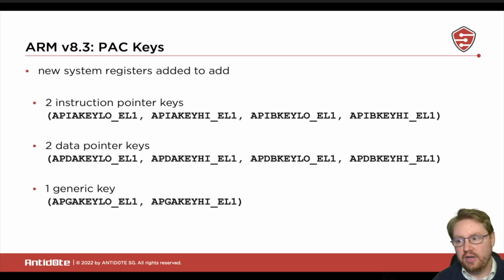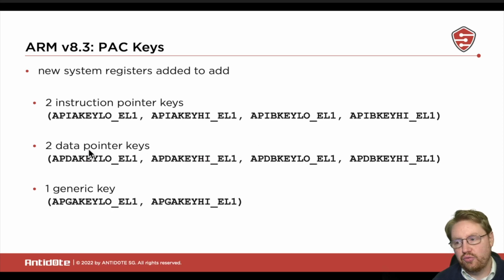Now, as I said earlier, we actually need new system registers to store the keys. By default, ARM version 8.3 defines 5 keys. They define the so-called IA key and the IB key. These are for I, which is instructions. So these are 2 keys for usage on instruction pointers, like function pointers and so on.